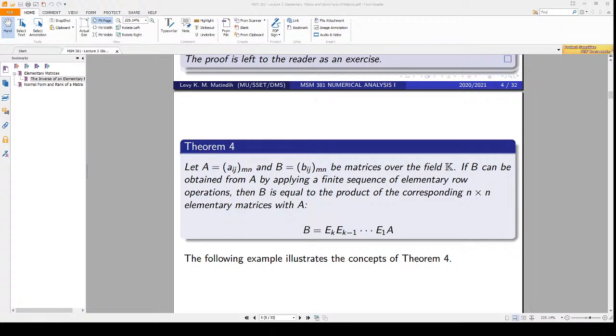So this matrix B is equal to the product of the corresponding elementary matrices with respect to matrix A.